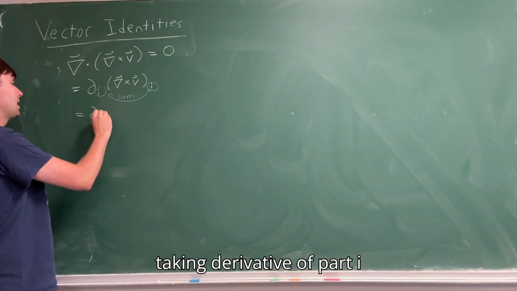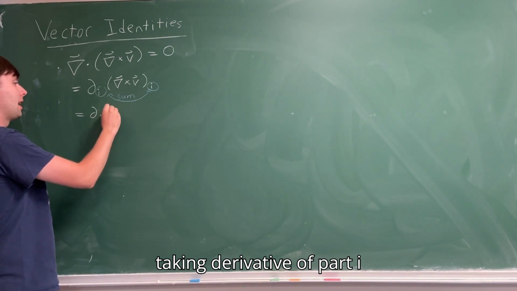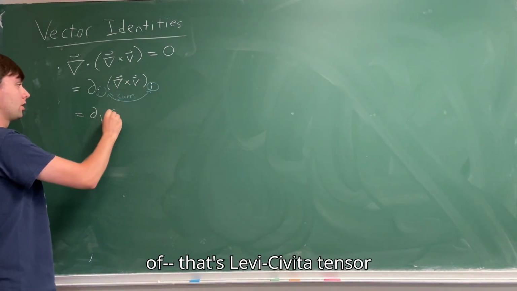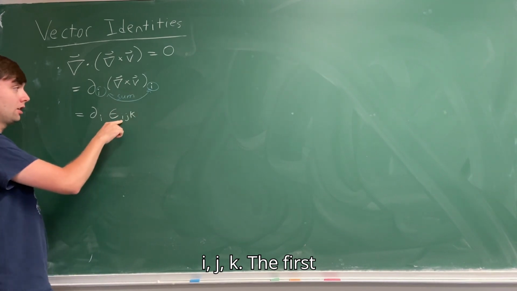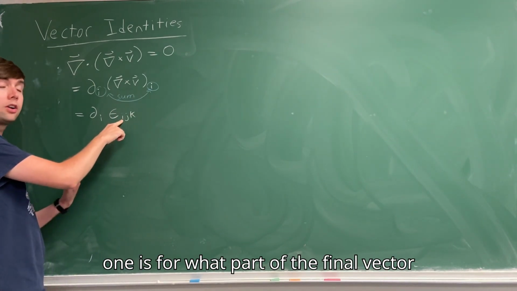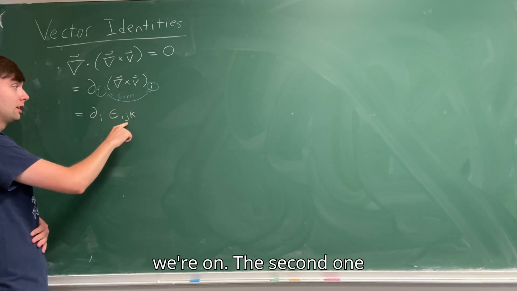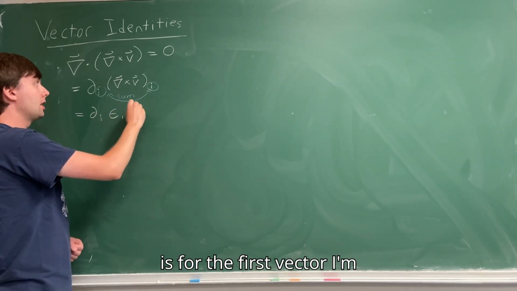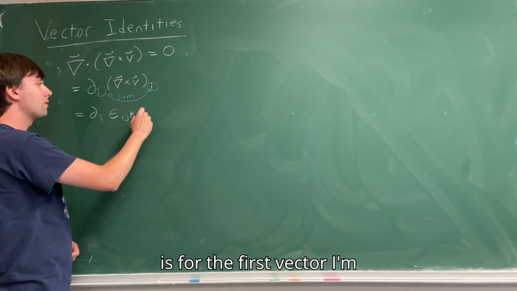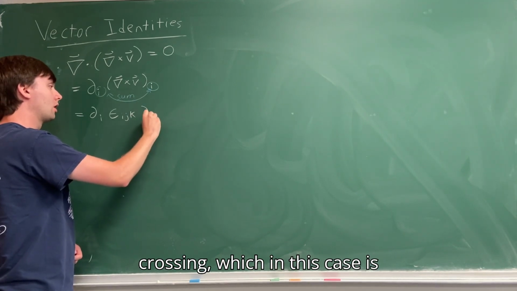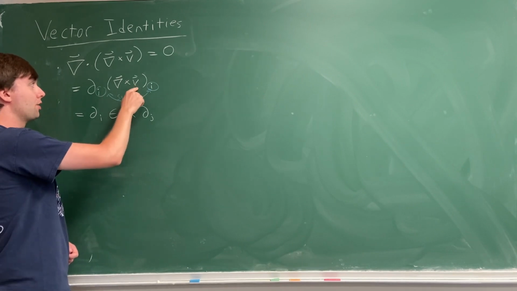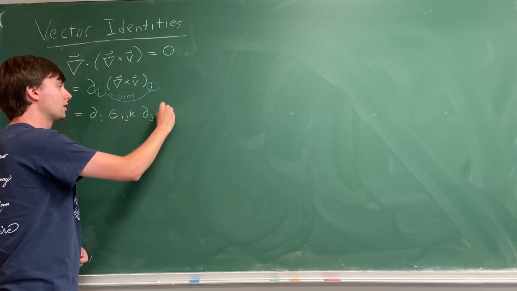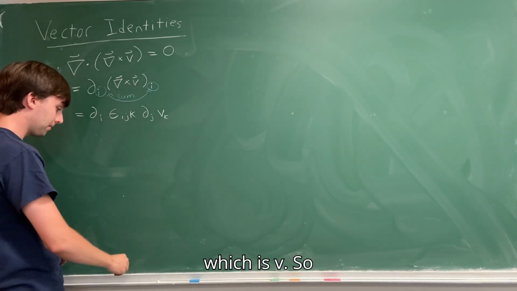So I am taking derivative of part i of, that's Levi-Civita tensor ijk. The first one is for what part of the final vector we're on. The second one is for the first vector I'm crossing, which in this case is j, and k is for the second vector I'm crossing, which is v.